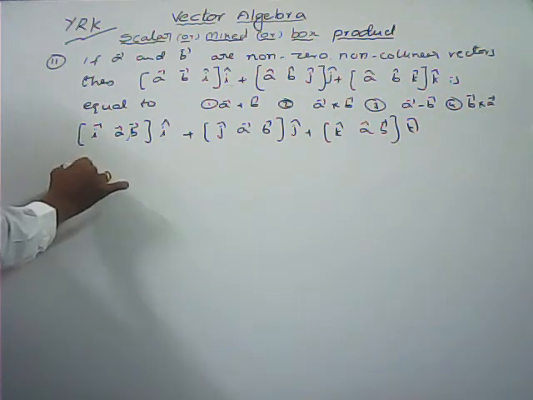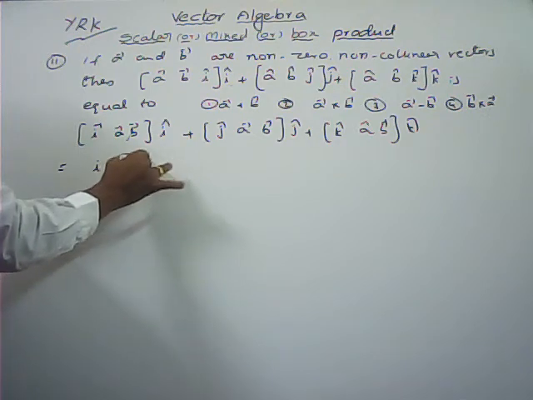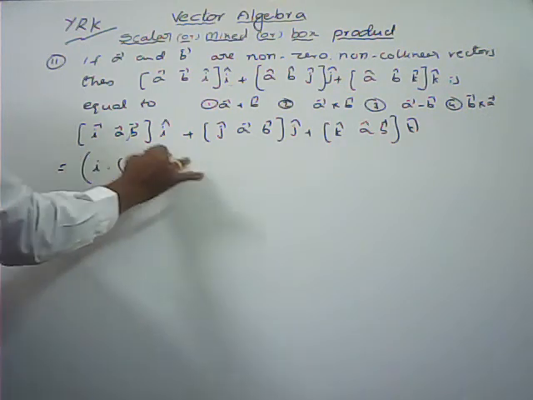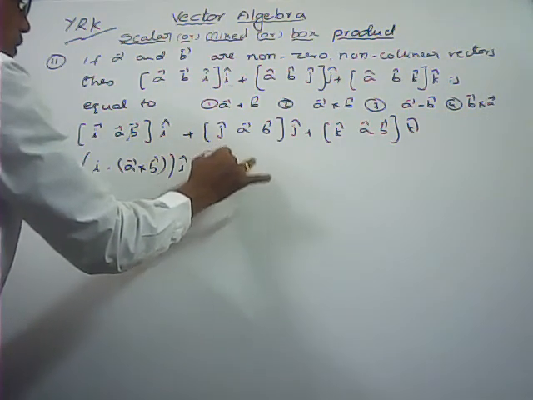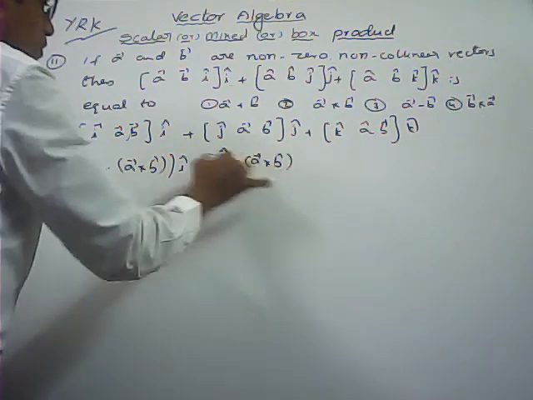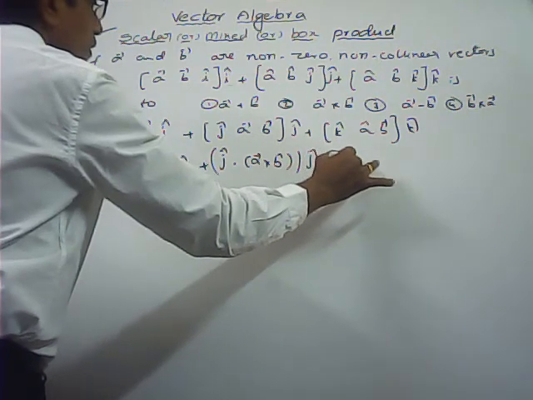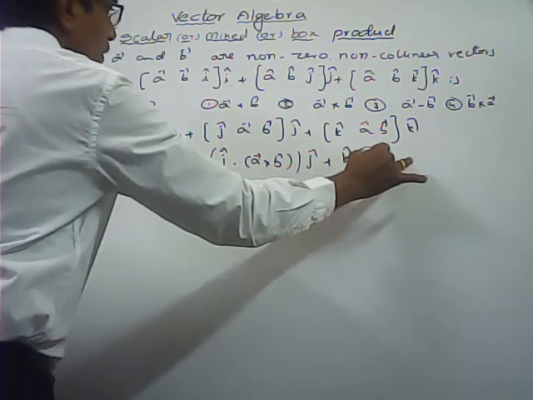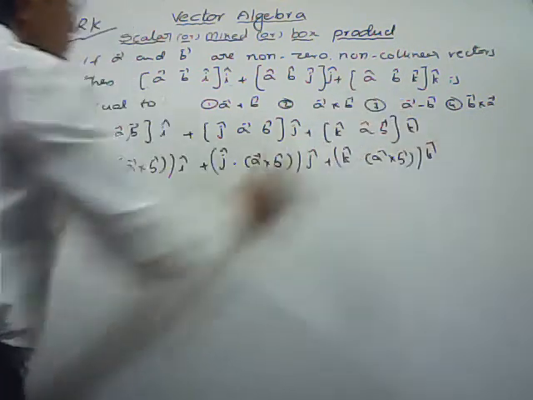So here I can write I bar dot a bar cross b bar into I cap plus J cap dot a bar cross b bar into J cap plus K cap dot a bar cross b bar into K cap.